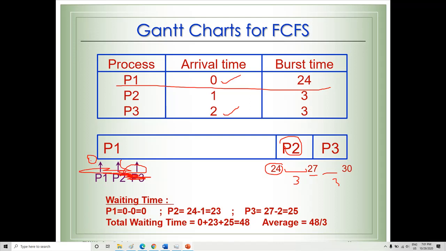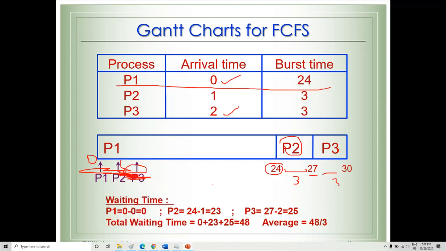P1 is coming at 0 millisecond and immediately it is getting the CPU, because this process came first. Just now we discussed that for any algorithm we have to use some criteria to analyze its performance.